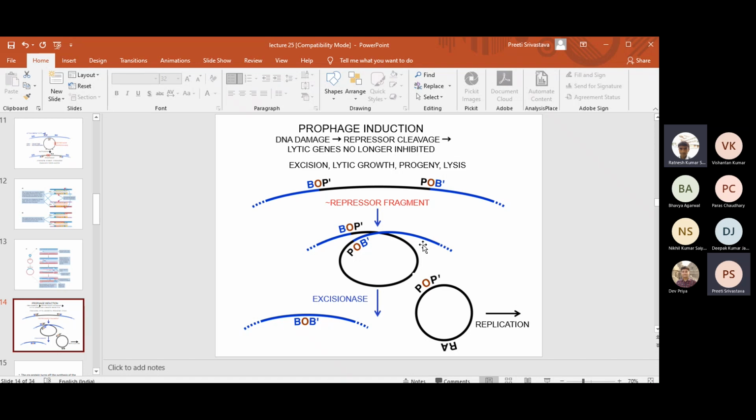Ma'am, I was asking whether there are different sequences available for different phages, or only one sequence. So, Ratnesh, to answer this question, P1 and P22 do not require any such sequences.